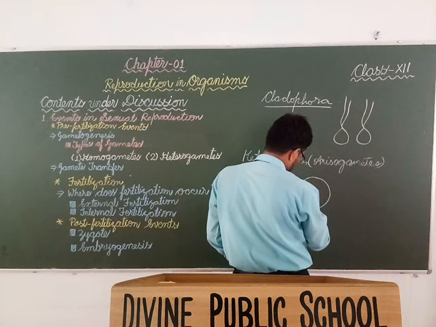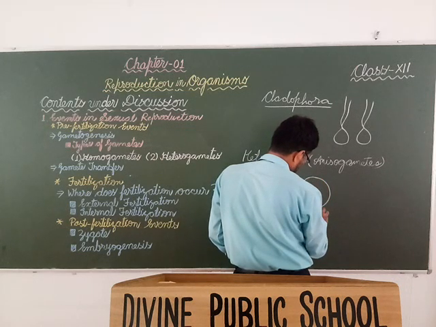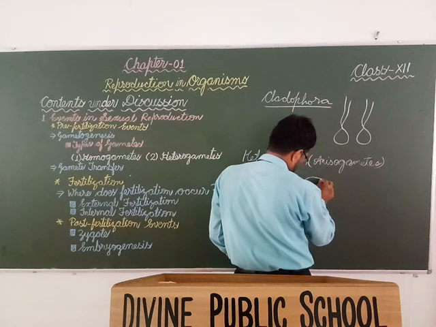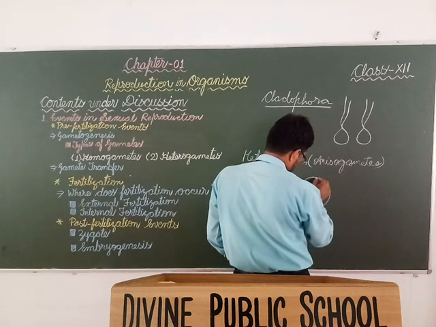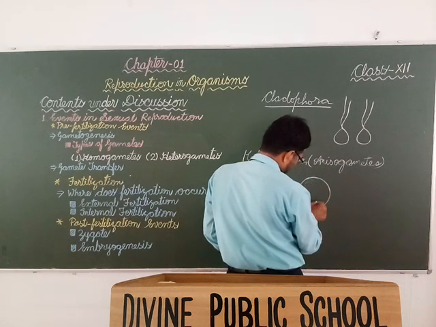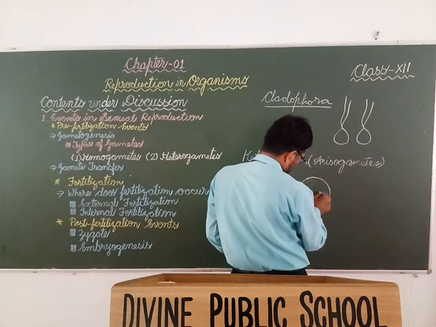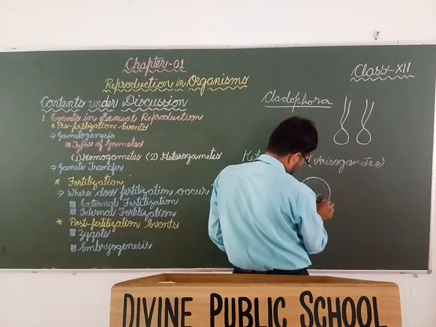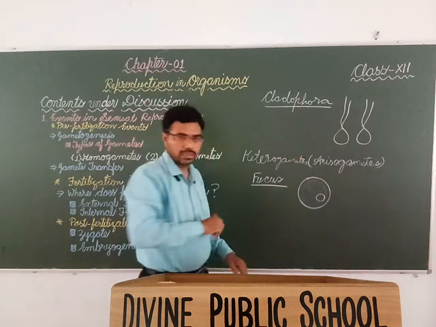You can see this is a surrounding membrane or plasma membrane. Inside that, here is the cytoplasm, and now there is a nucleus.